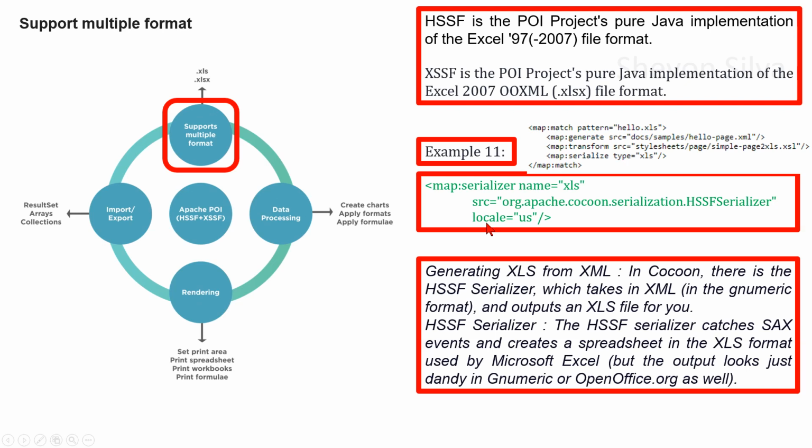Please note that numbers not in US default format may not be compatible with Gnumeric. It's less cosmopolitan than the HSSF serializer. Setting the locale lets you use the default number formats from other locales. Set this to a 2-letter lowercase country code.